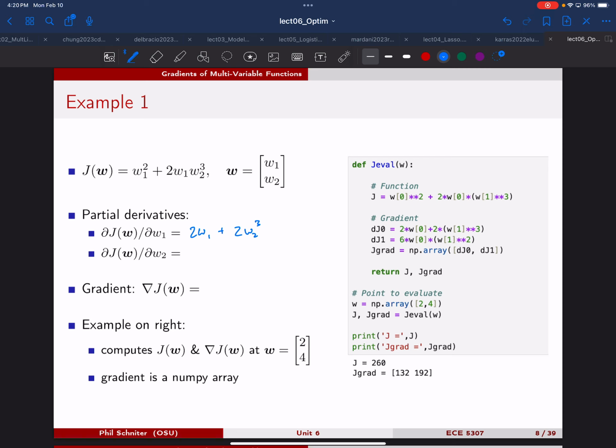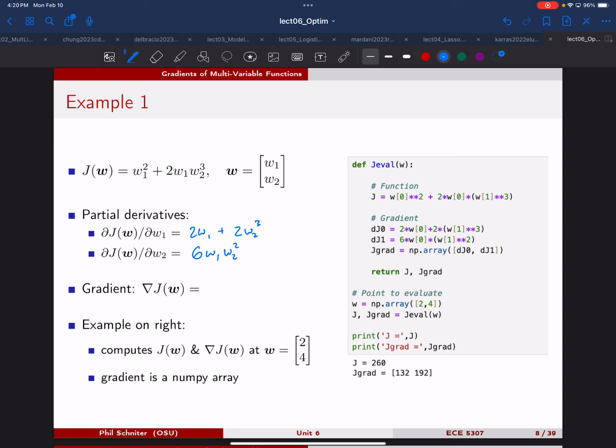And then let me ask, is Evan Menges here? Yep. What about the next one? 6 W1 W2 squared. Right, okay. Yeah, so we'll be doing a lot of these partial derivatives in this unit. So yes, that's what we have.